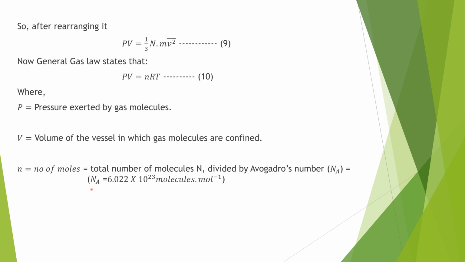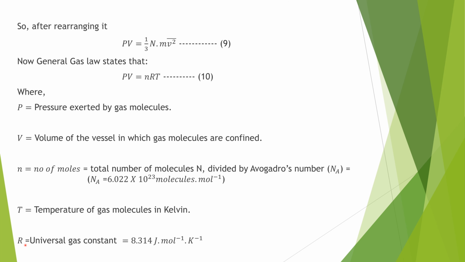We all know that Avogadro's number is 6.022 into 10 raised to the power 23 molecules per mole. Then T is the temperature of gas molecules in Kelvin, and last, capital R is the universal gas constant, and its value is 8.314 joules per mole per Kelvin.